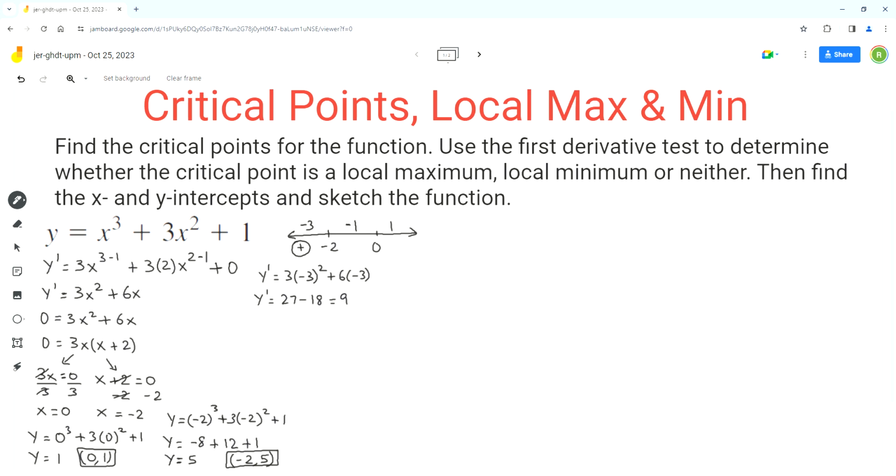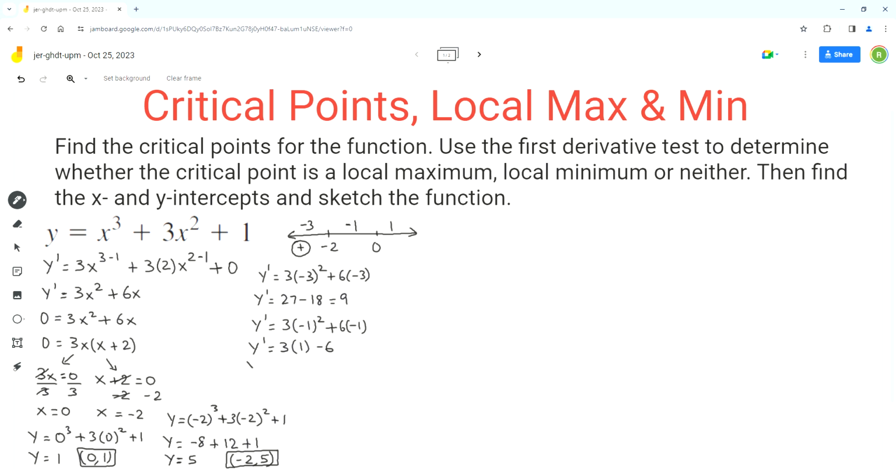Now we can use the test value -1. So we'll sub in x as -1. So y prime equals 3 times -1 squared plus 6 times -1. So 3 times +1, because -1 squared is +1, and then 6 times -1 is -6.